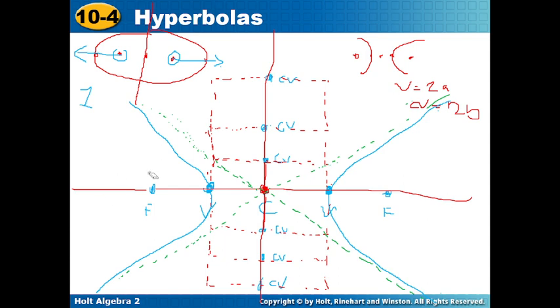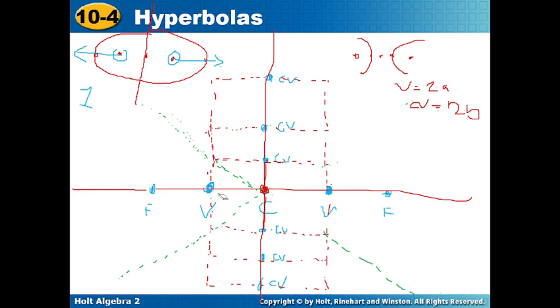What if your asymptotes are not this one? What are we going to do? All right, I'll be erasing this one first. If you notice, this depends on the values of your A's and the values of your B's.